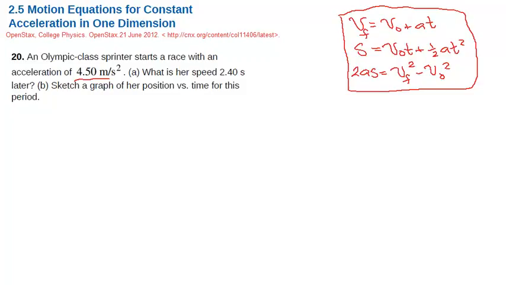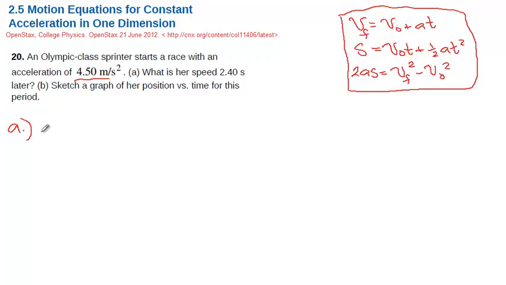Part A is clearly asking for the V, the speed. V here and speed are essentially the same. It's just that speed is the magnitude, and since this is just straight line motion, the magnitude of the velocity is just the speed.